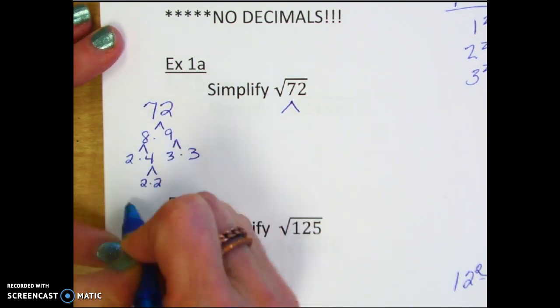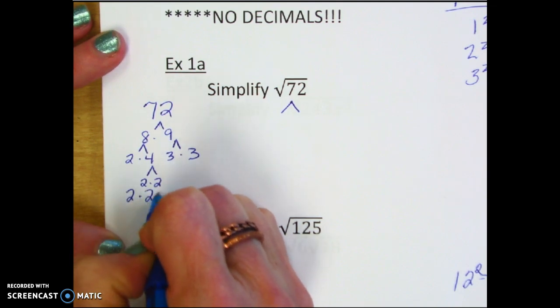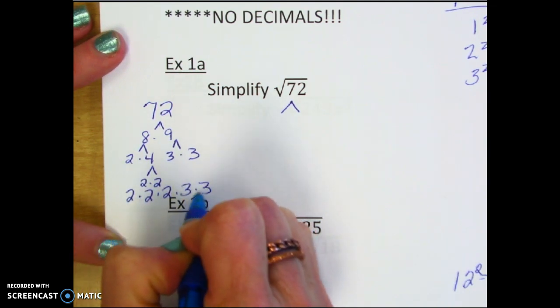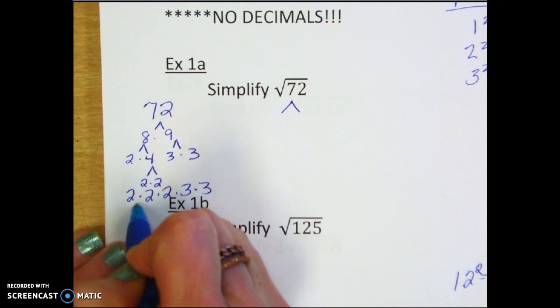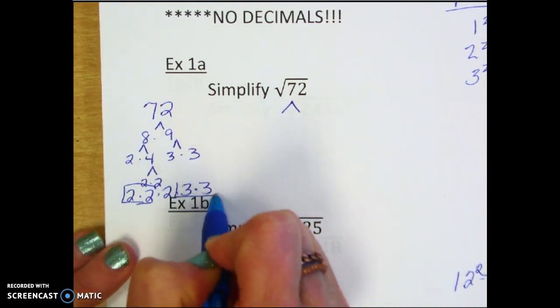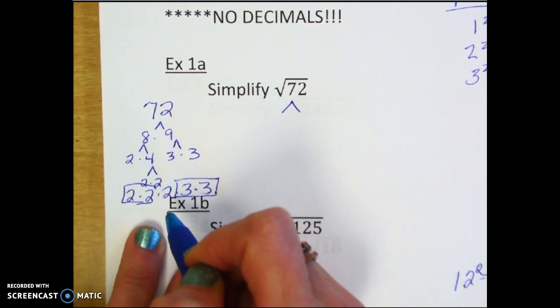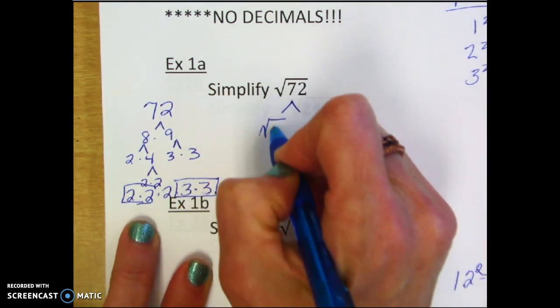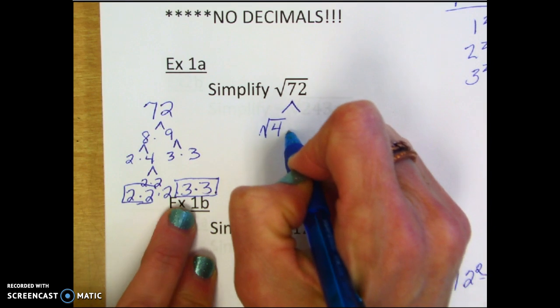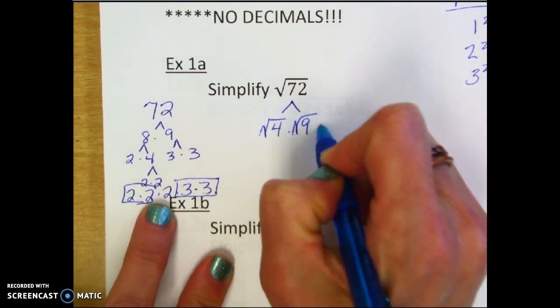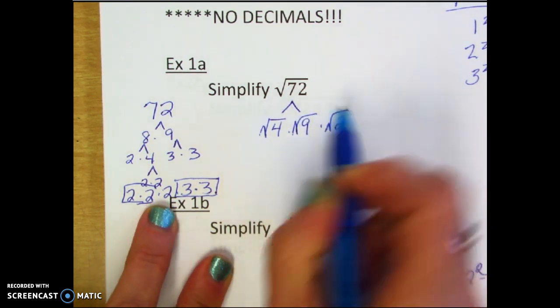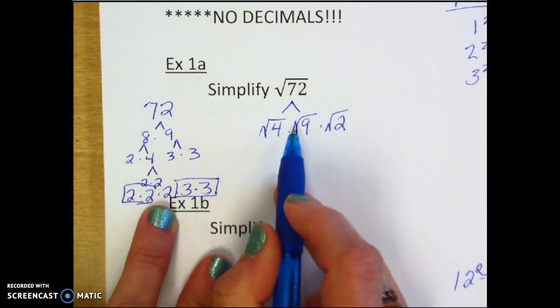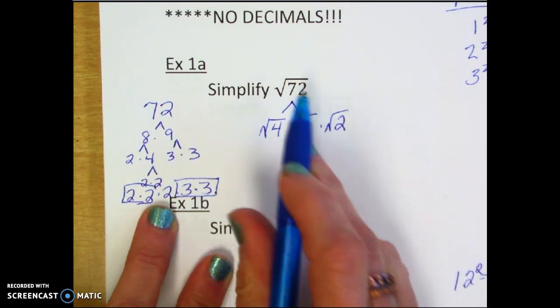So we have 2, 2, 2, 3, and 3. These doubles we can actually put together and make perfect squares out of those. So the square root of 72 can be broken down into the square root of 4, the square root of 9, and the square root of 2. Because 4 times 9 is 36, 36 times 2 is 72.